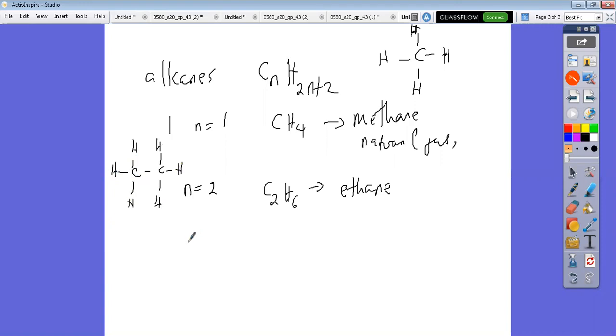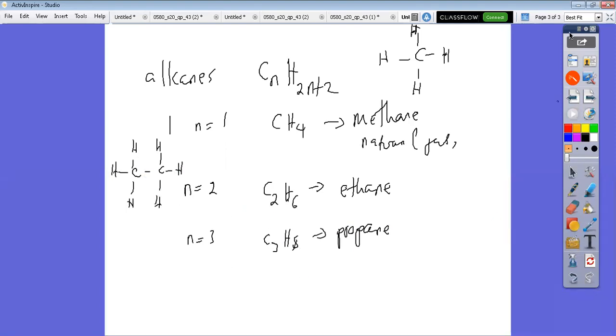The next one is when n is equal to 3, and that one is C3H8. And we call that propane, like this. Are we together? I'm sure it's easy. We can easily draw that.